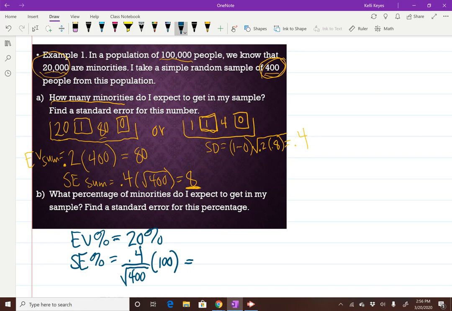So when we multiply that by 100, it'll be 2. So we can expect 20% of our sample to be minorities, give or take 2% of our sample, which 2% is 8 people. So anyway, that's how you find EV percent and SE percent.